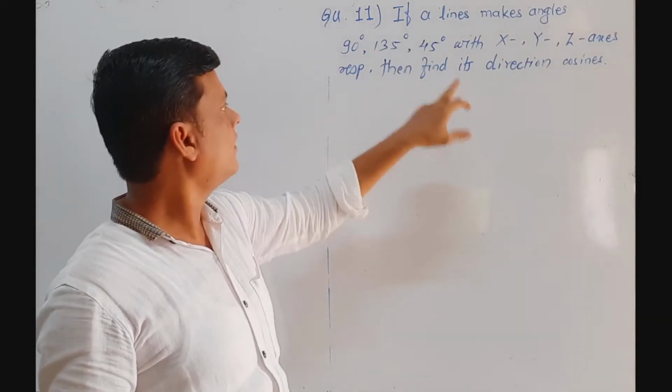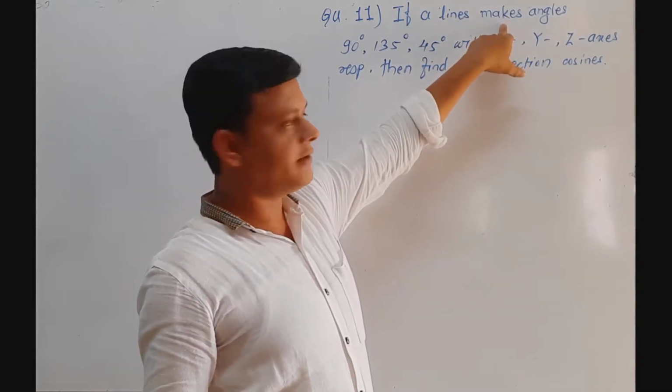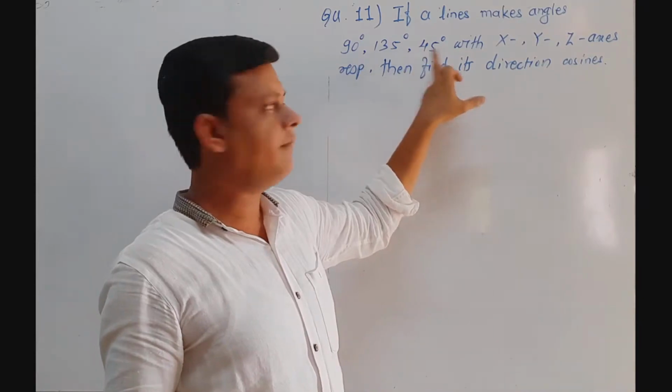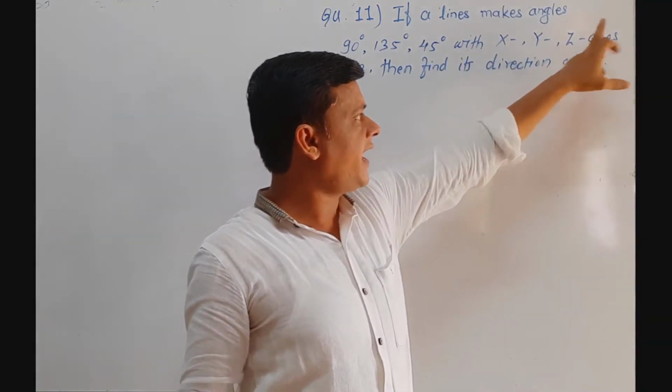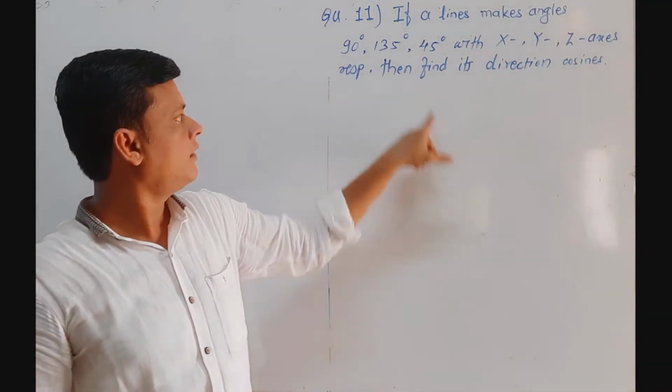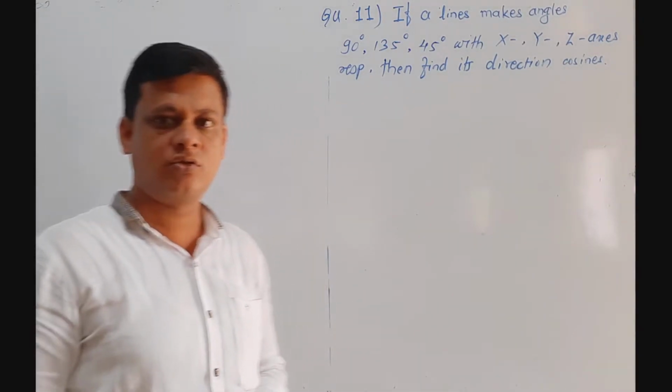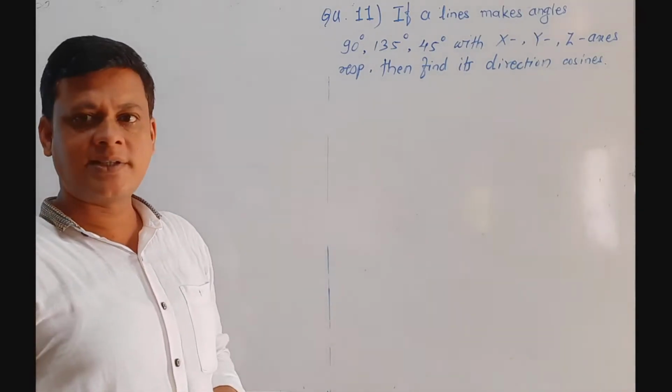Question 11. If a line makes angles 90 degrees, 135 degrees, 45 degrees with the x, y, z axes respectively, then find its direction cosines. Here we have to find the direction cosines and the direction angles are given.